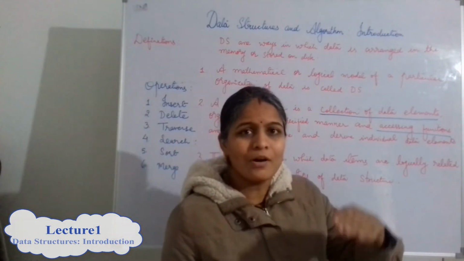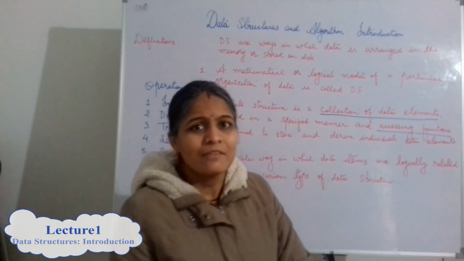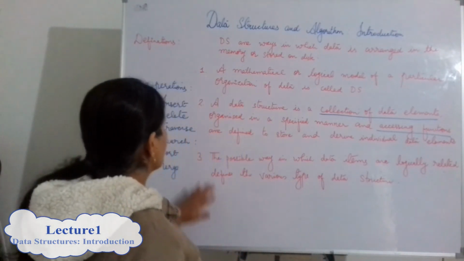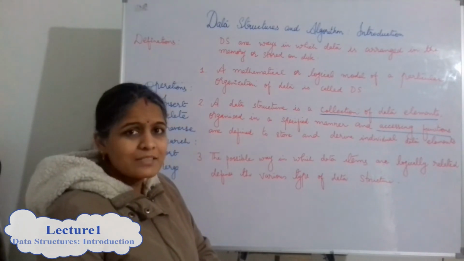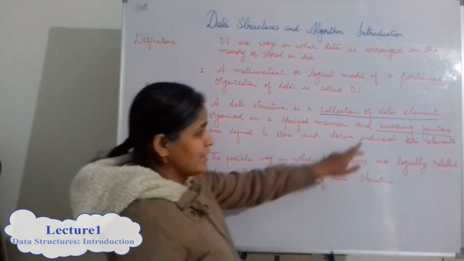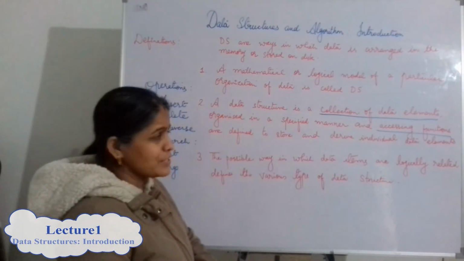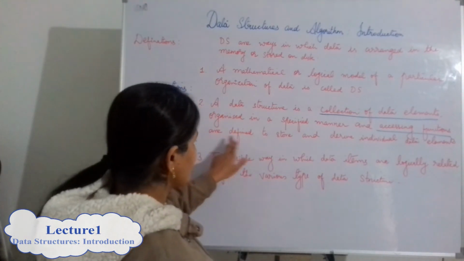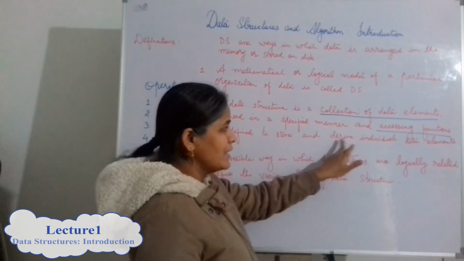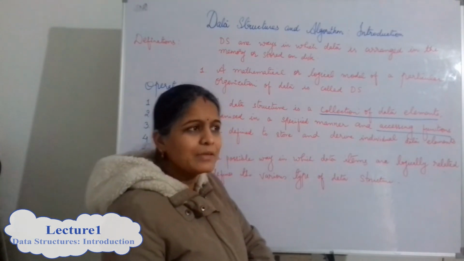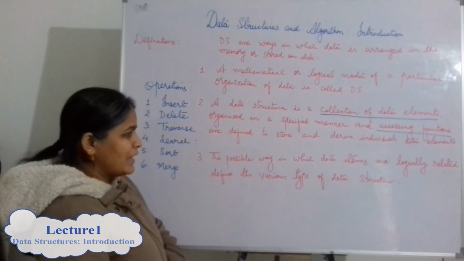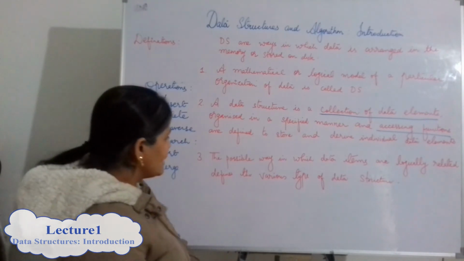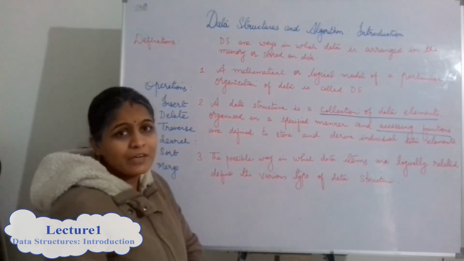But for all the other data structures, we need to write functions to perform all these operations on the data structures. Okay, so these are written in form of accessing functions. Accessing function is defined to store and derive individual data elements. Okay. Third definition is the possible way in which data items are logically related defines the various types of data structures.